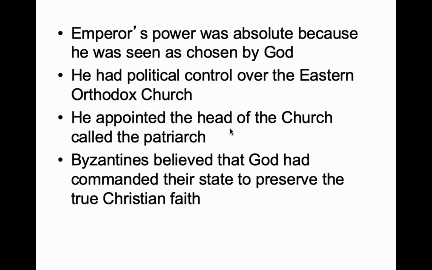The emperor's power was absolute because he was chosen by God. There is no checks and balance on this emperor. He has control over the church, and that is a change from what we've seen in emperors and kings in Europe. They don't control the church; the Pope is still in charge.